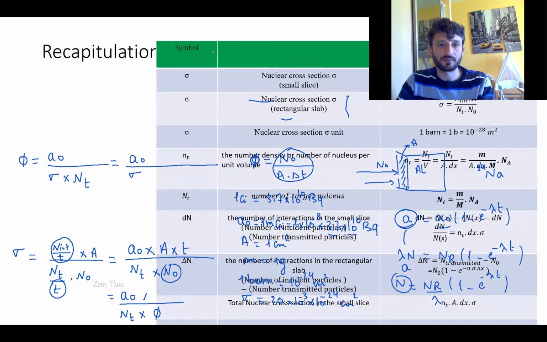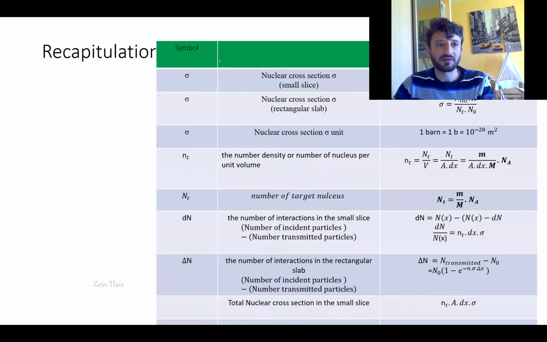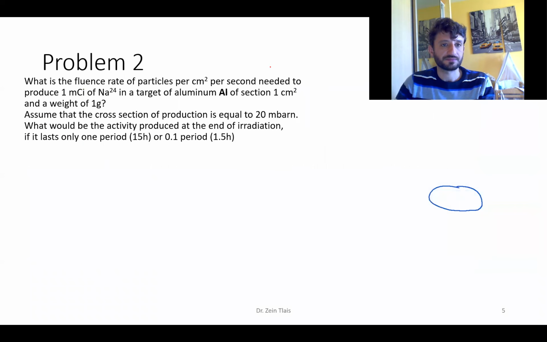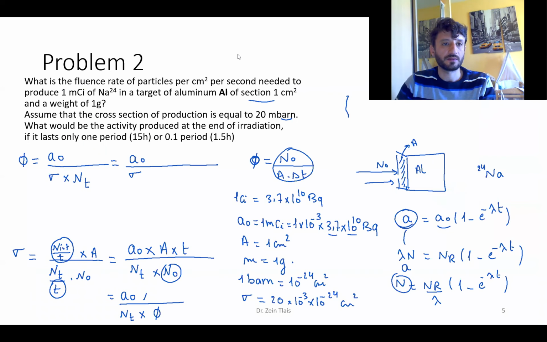Look here, we have n target equals m divided by molar mass times Na. So we can say here it equals m divided by molar mass M times Na.